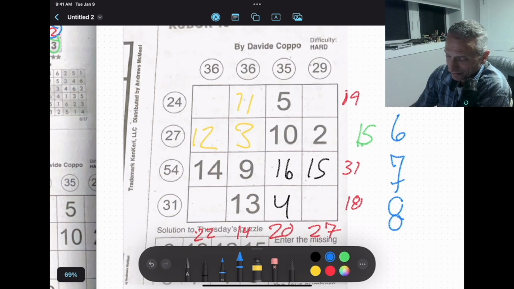Did I just do that? 15 to 17, 12. How do I get 12? How do I get 12? I just did all that stuff and now I can't get my 12.